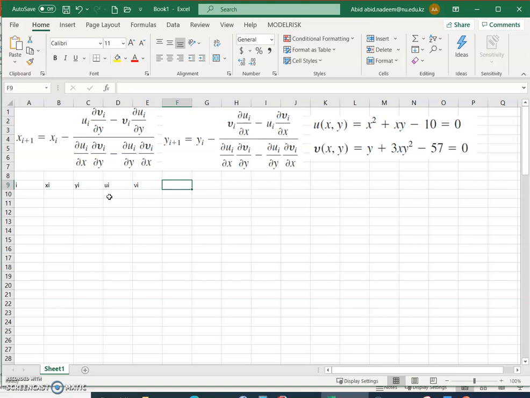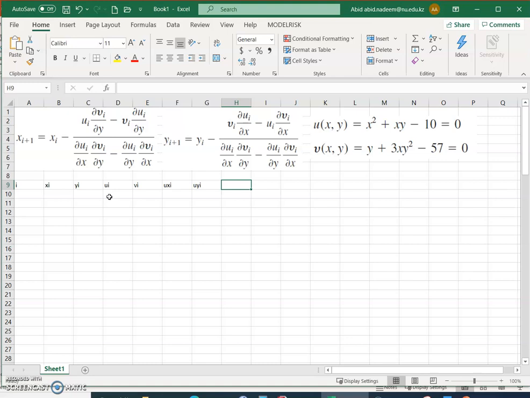Then I can calculate uxi, which will be partial u over partial x, then uvi, partial u over partial v, and uyi, partial u over partial y.